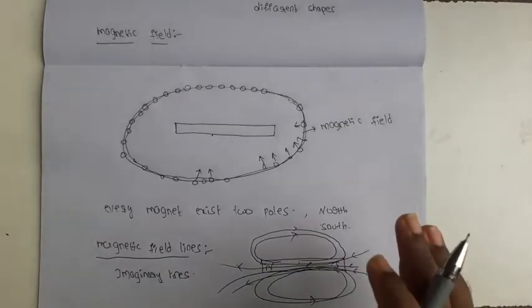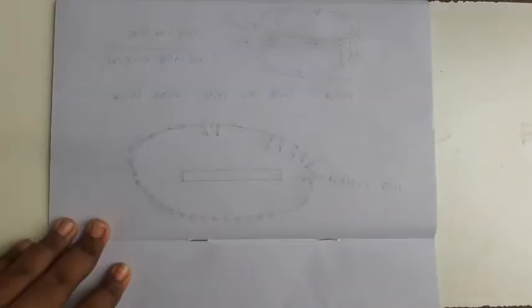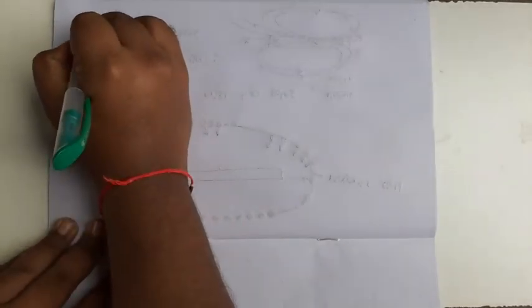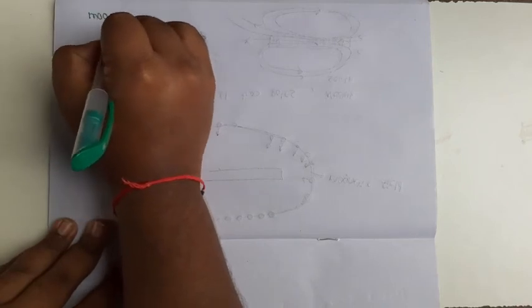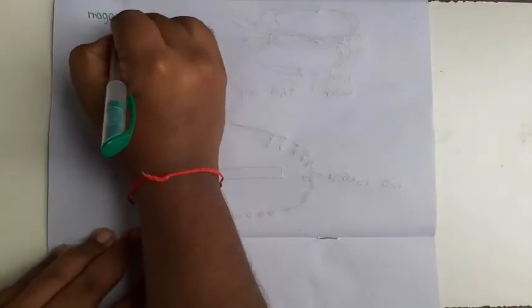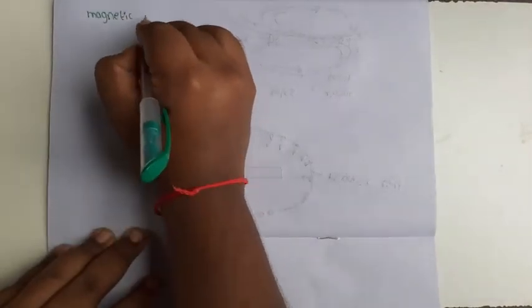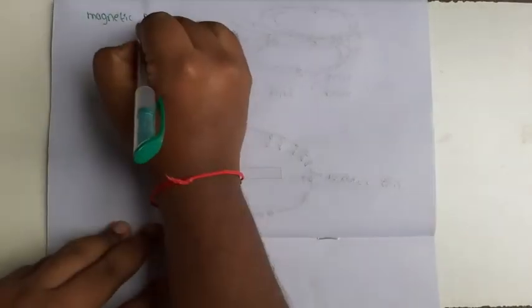These are all the points we discussed in the previous video. In this video, we are going to discuss the properties of magnetic field lines.